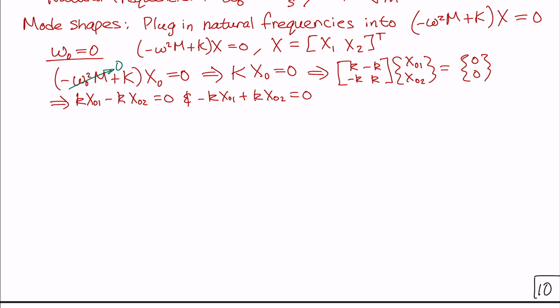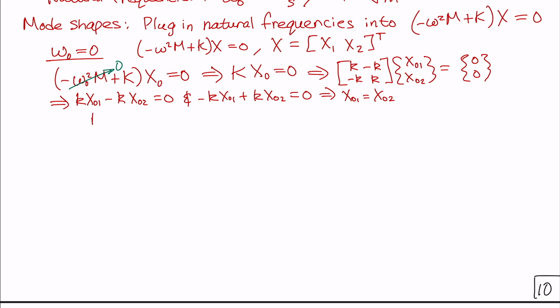These are the same equation, so we have two unknowns and one equation, meaning we'll have an infinite number of solutions. As a result, we can show that x01 is equal to x02, so they have the same amplitude. But again, they're going to be scaled arbitrarily by some constant.